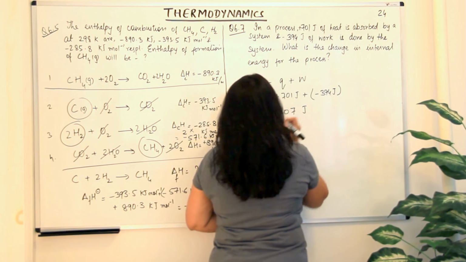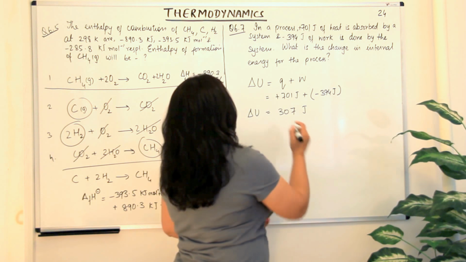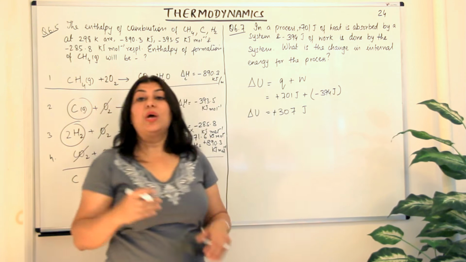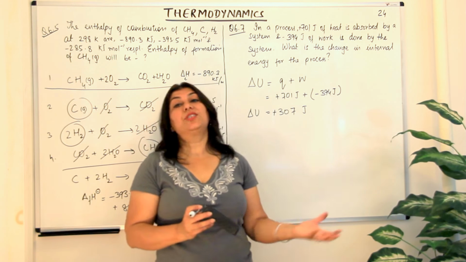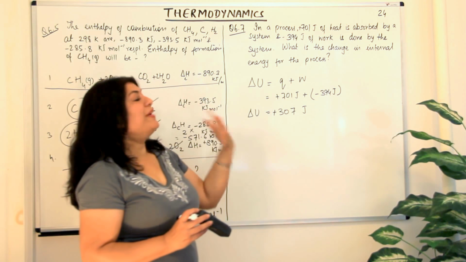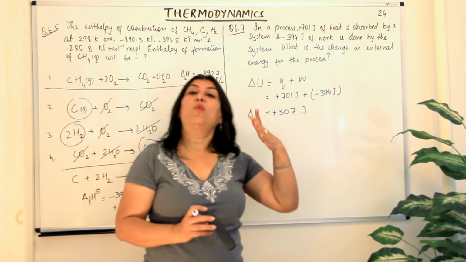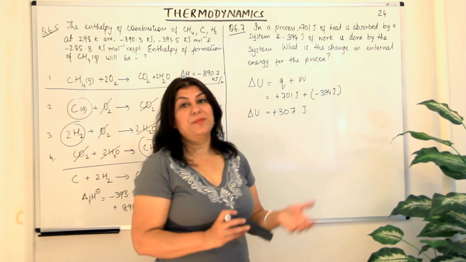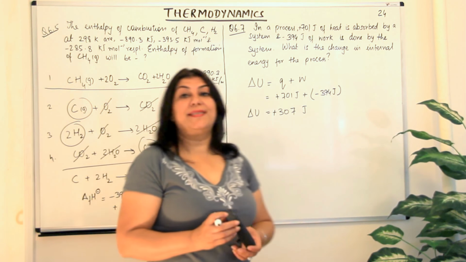The change in internal energy is plus 307 joules, which means that 307 joules of internal energy has increased when 701 joules of heat is absorbed by the system and 394 joules of work is done by the system in a certain process. So this was question 6.7.